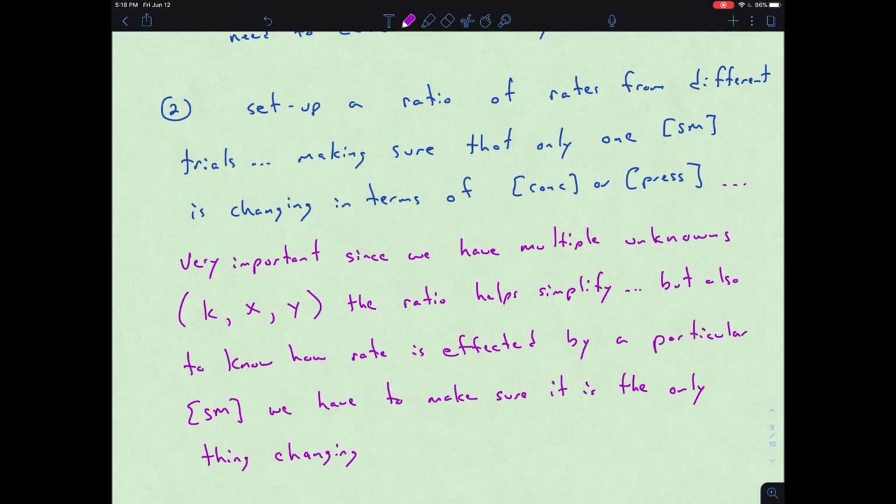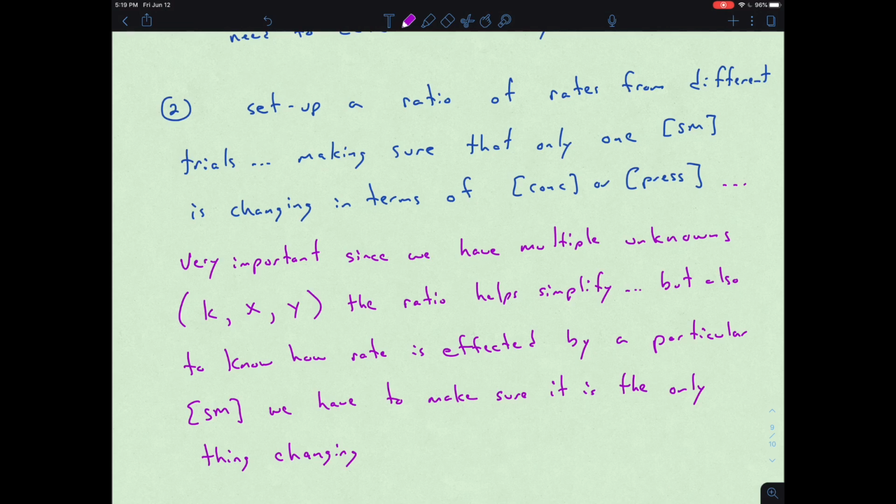So if I just change one concentration and my rate slows down, then I know that my rate decrease is due to that change in concentration. Or if I increase the concentration of only one starting material and I see an increase in rate, then I can ascribe that increase in rate to that one starting material. But if I'm changing multiple starting materials, then I really can't do that.